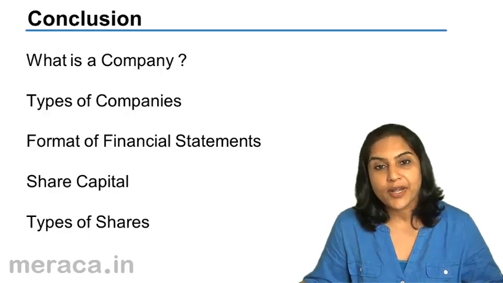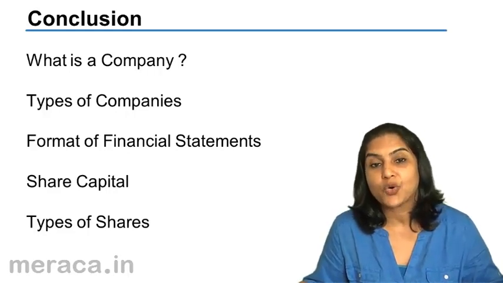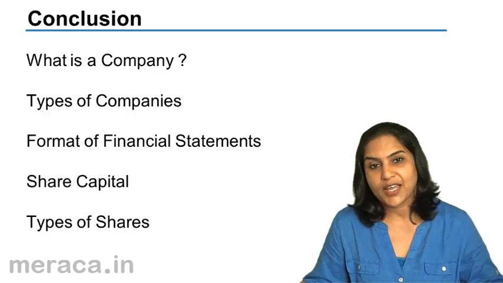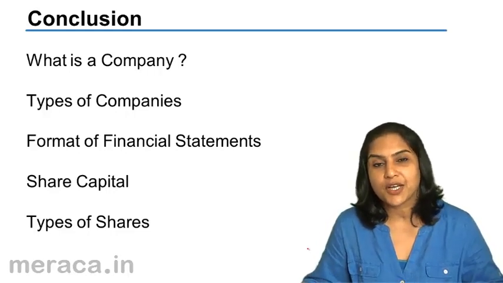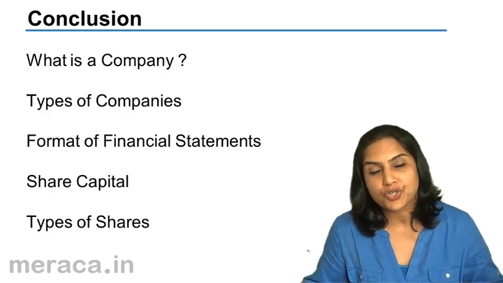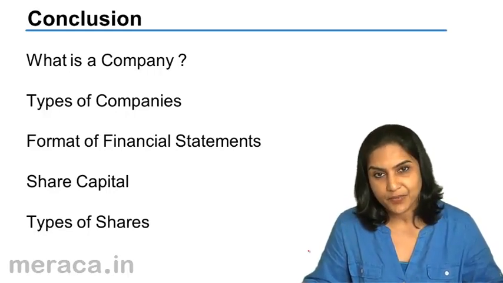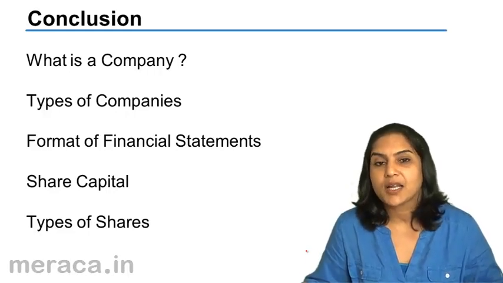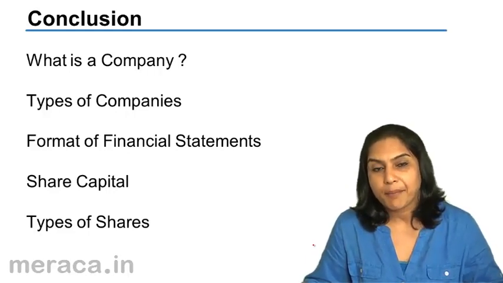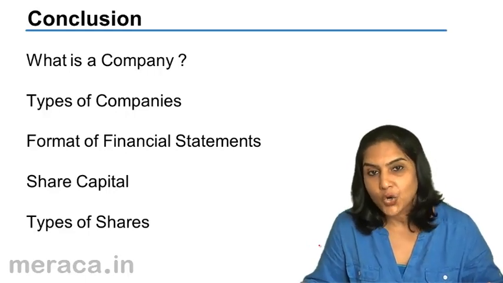We discussed a holding company and a subsidiary company. Holding company controls the capital. Either it has 50% or more of the capital of the subsidiary company or controls the composition of the board of directors. Also, a subsidiary of a subsidiary becomes the subsidiary of the holding company.